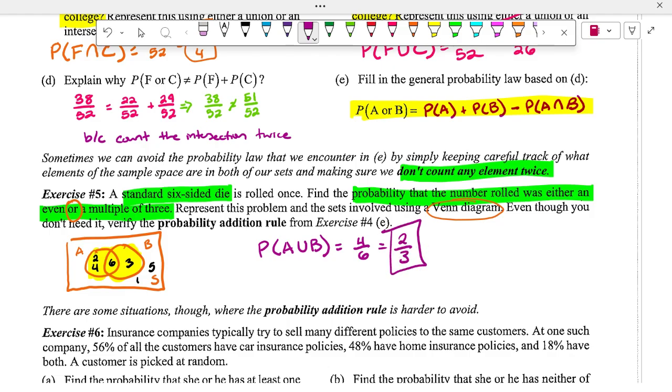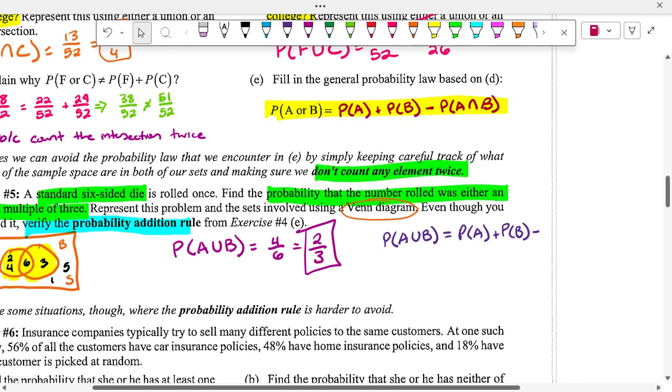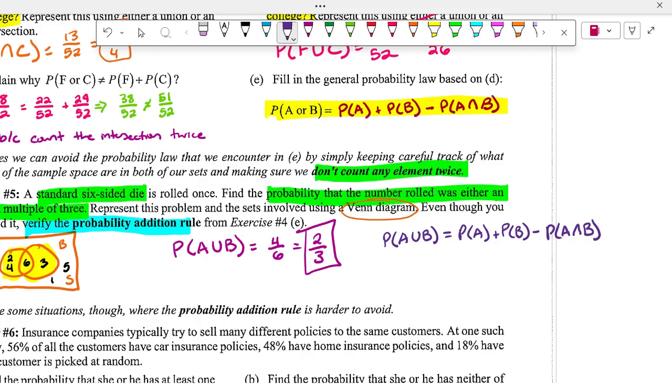Now, they also want us to verify that the probability addition rule is also true. So we're going to use the probability addition rule. Remember, the probability of A or B is going to be equal to the probability of A plus the probability of B minus the probability of A and B. The rule we just came up with in the previous question.